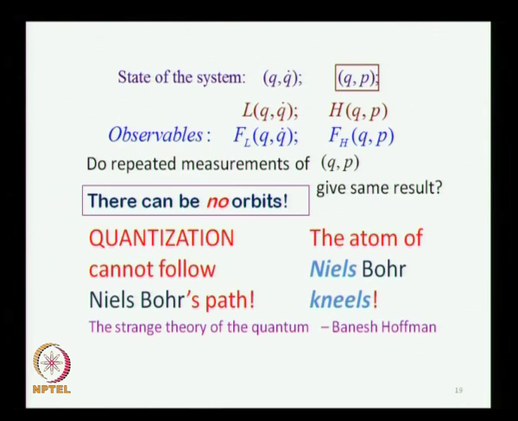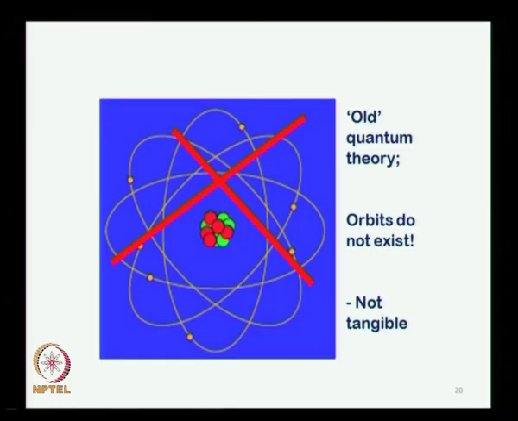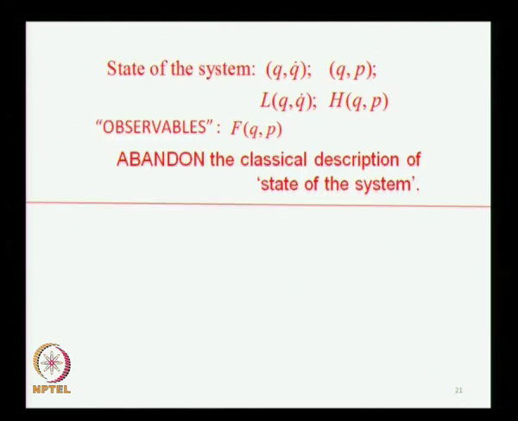In her book Strange Story of the Quantum, she has a chapter titled The Atom of Niels Bohr, and the next chapter is The Atom of Bohr Niels. It does not work, it cannot. So, this model is wrong. All this picture of orbits is not correct. So, you have to abandon the classical description completely.